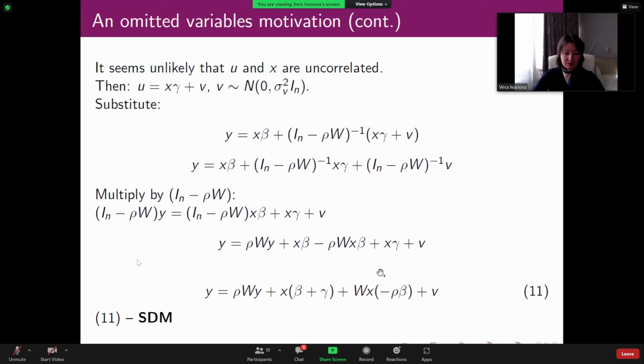And this is the spatial Durbin model. And usually for regional research, spatial Durbin model is almost the main spatial regression model, because we always have omitted variables problem, missing data, missing information on some regional indicators and so on. So spatial Durbin model is the case for the omitted variables motivation.